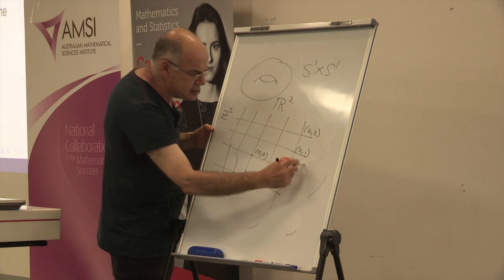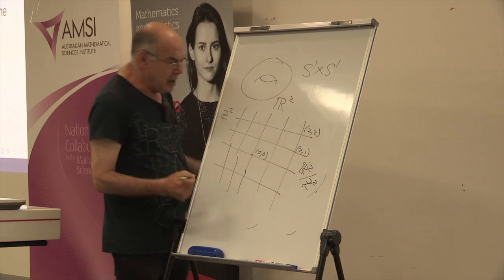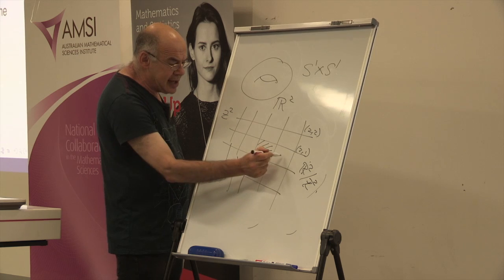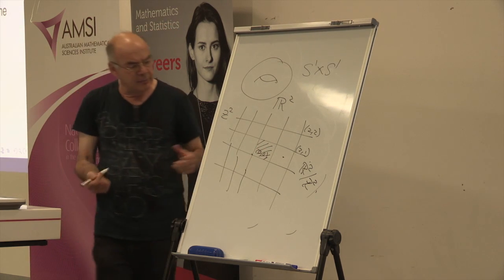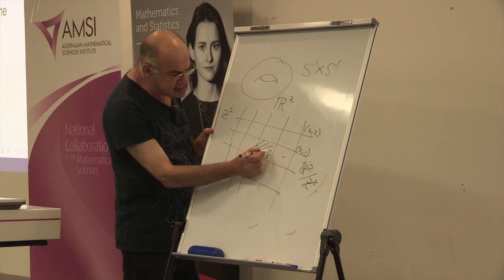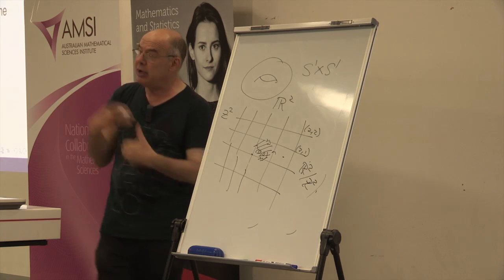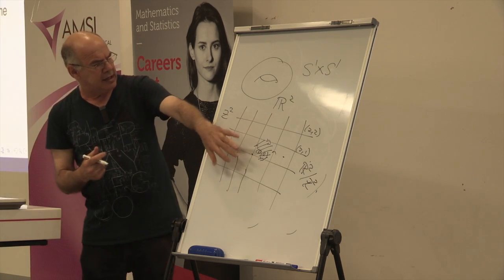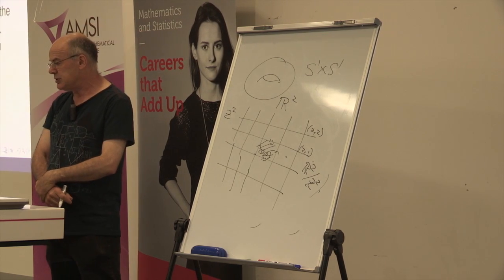So we can take R2 mod Z2, and the way we can think of that is that we can obviously translate any point back into the unit square, and then the sides of the unit square are translated by unit translation. So you get the standard model of taking a square, identifying opposite sides and getting the two torus.